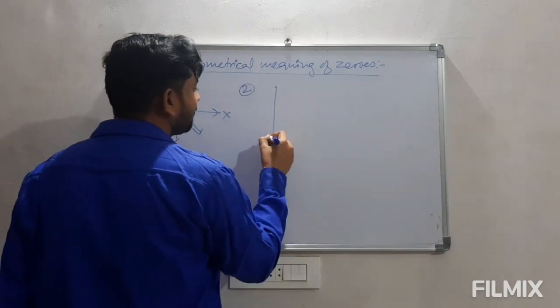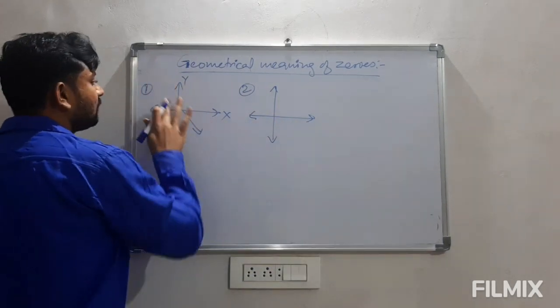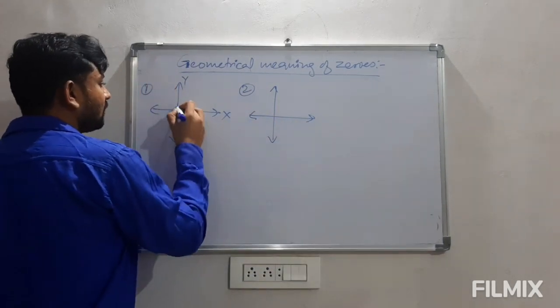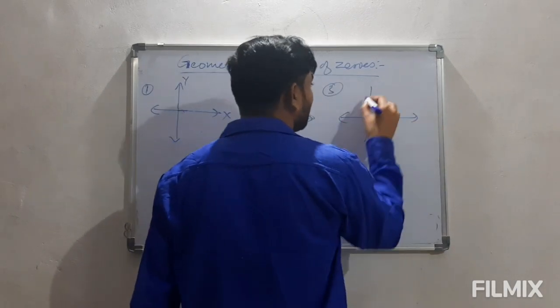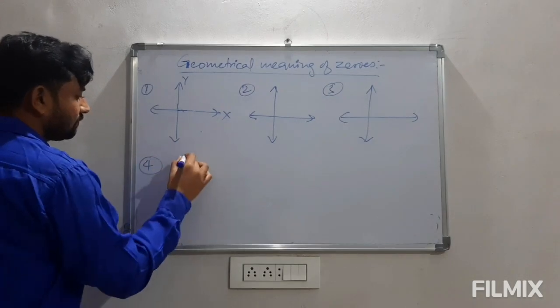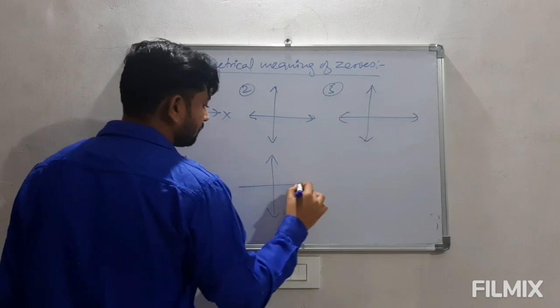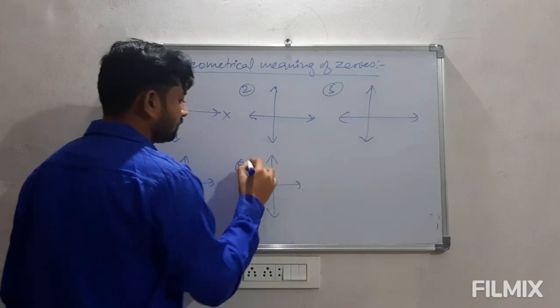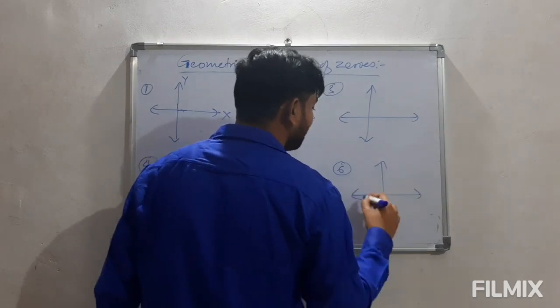Second example, if we take, let me use a different color for this so that you will understand better. I am just drawing the x and y axis here. So I am taking a total of 6 examples altogether.